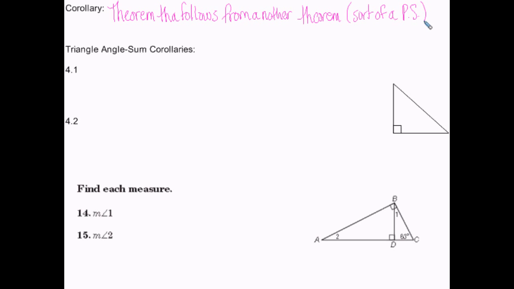So in this case, total sum of a triangle is 180 degrees for the angles. And then that theorem makes you come up with other things. So one thing leads to another. And so that's where we get these corollaries: you get a theorem and then that theorem causes you to come up with another theorem, or two. And we have two angle sum corollaries. The first one is about the acute angles of a right triangle.